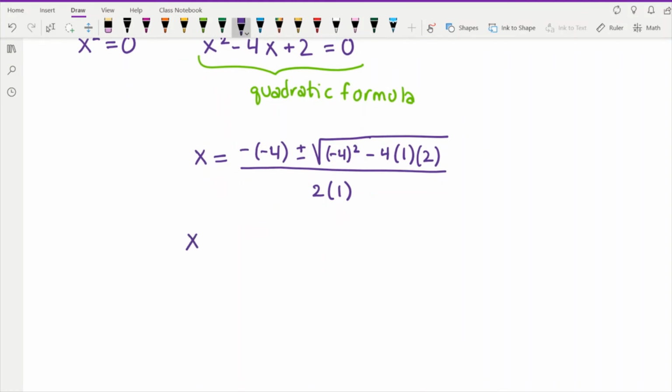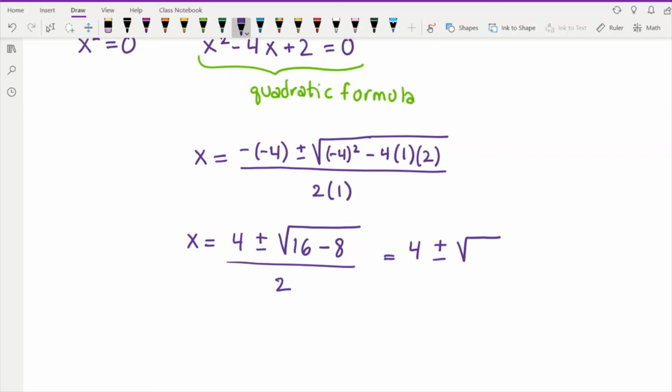So in this case, that gives us x is equal to positive 4 plus or minus the square root of 16 minus 8, over 2. And this simplifies to 4 plus or minus the square root of 8, divided by 2.